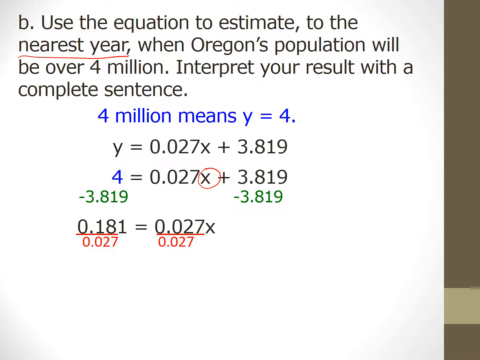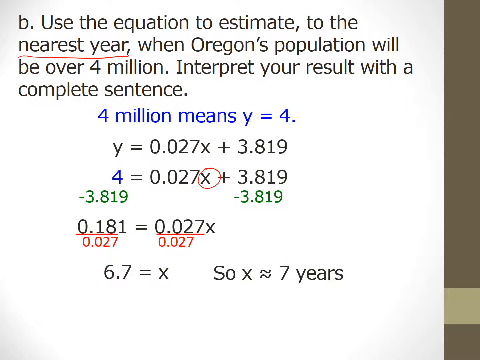By now, I'm sure you guys are getting more comfortable in doing this. And when we do that, we find that x equals 6.7. And now we want to know in what year, to the nearest year, nearest meaning that we're rounding off, we're going to go over 4 million. And so 6.7 is approximately 7. I'm rounding up because of the 0.7 here.